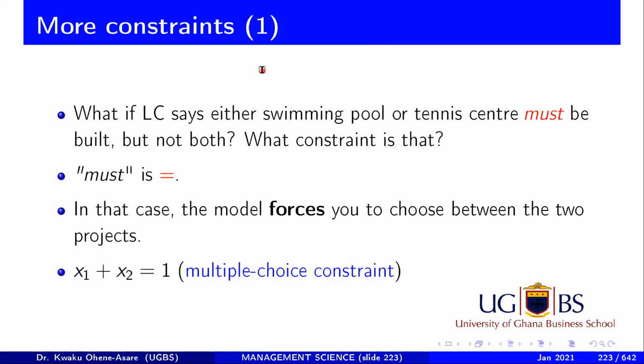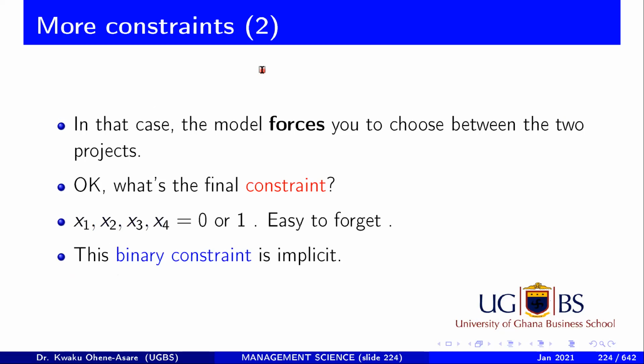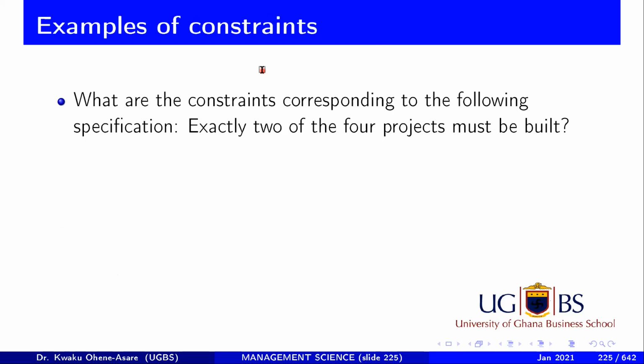Now let's take another one. I'm going to give you some examples. Suppose you have gotten this constraint: exactly 2 of the 4 projects must be built. Who can think and tell me what this will be?